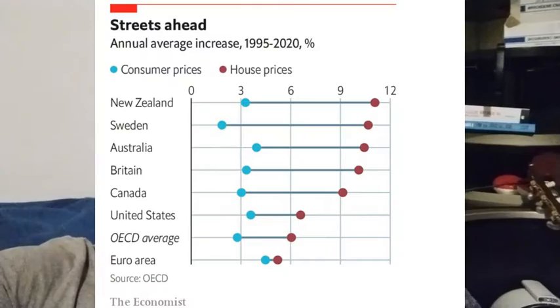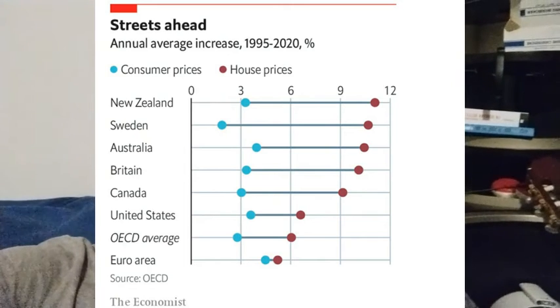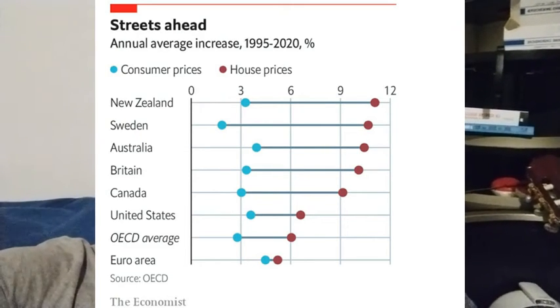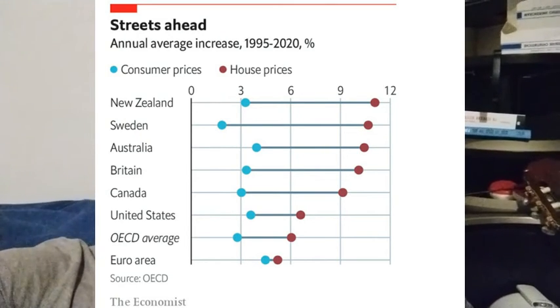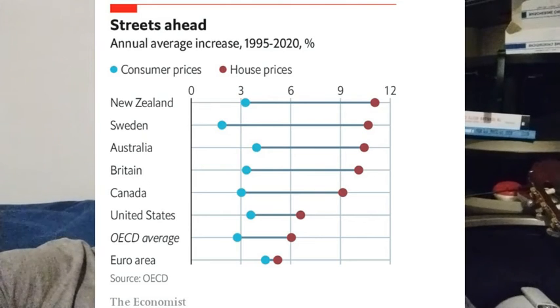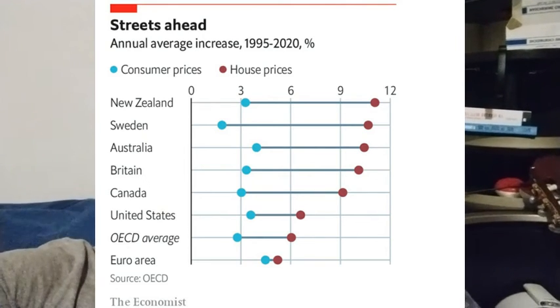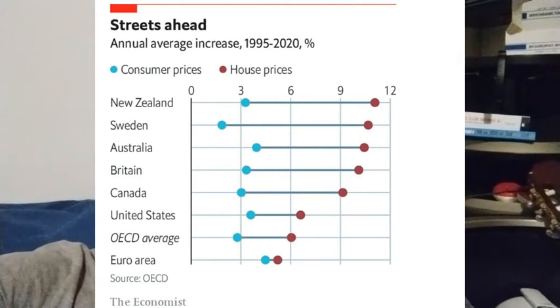It's a study that I saw in an article by The Economist that said that over a certain period of time, the inflation in developed countries was much higher on rental properties than it was on consumption goods.